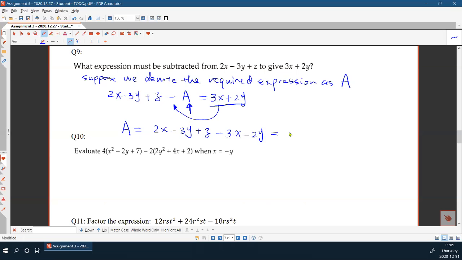So A is, you combine all the x, you have minus x, and combine all the y's, you have minus 5y, and combine all the z, we have plus z, right? So this is the expression you're looking for. Any questions?